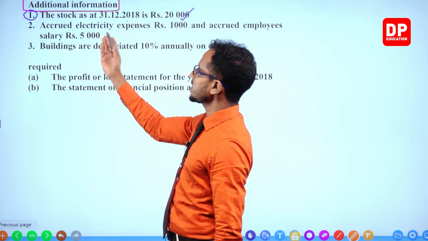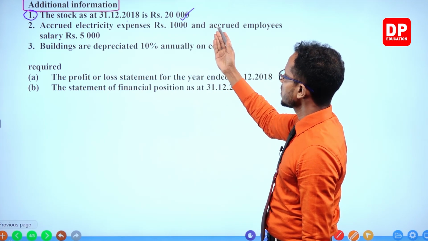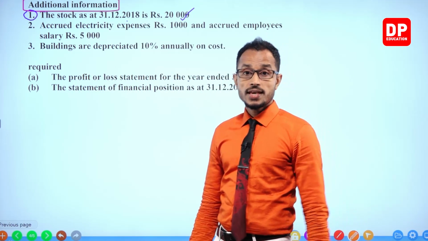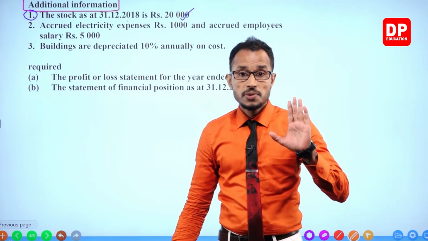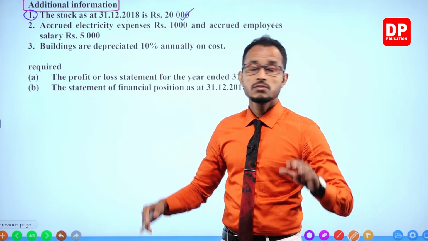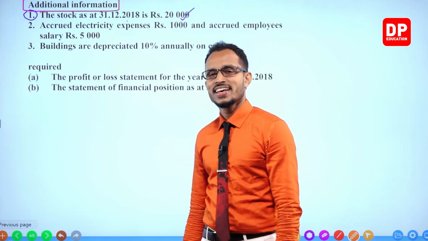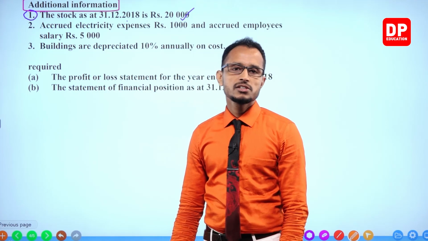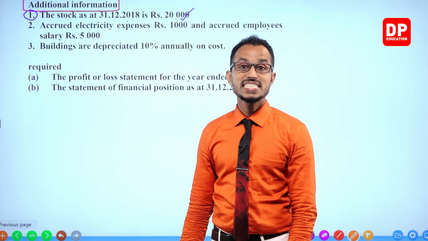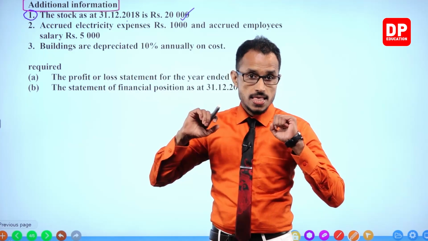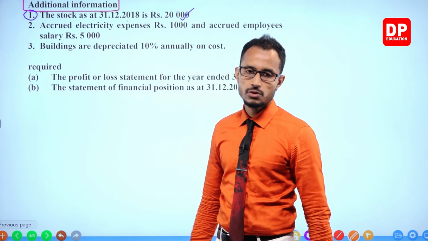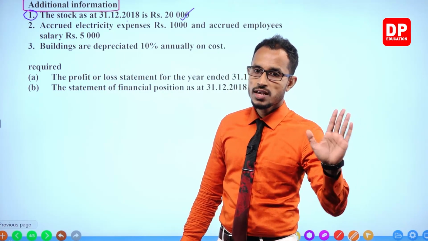Accrued electricity expenses 1,000 and accrued salaries 5,000. Now, guys, accrued expenses we know. Prepaid expenses we know. Accrued expenses should be added to that relevant expense given in the trial balance.